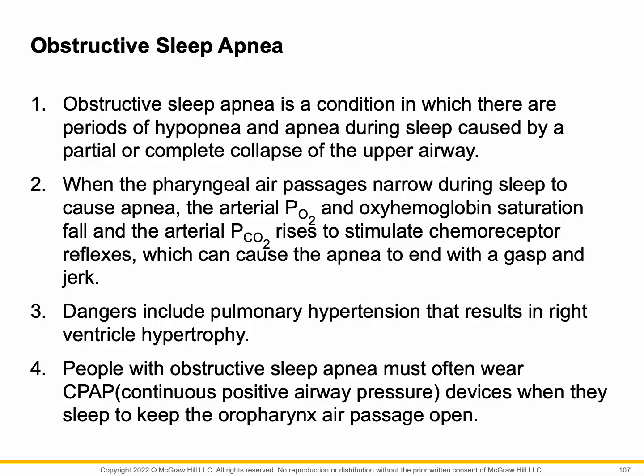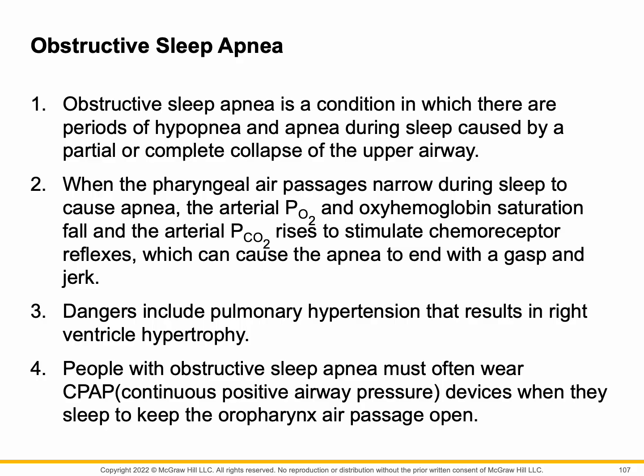When the pharyngeal air passages narrow during sleep to cause apnea, the arterial oxygen pressure and oxyhemoglobin saturation fall, and the arterial carbon dioxide pressure rises to stimulate chemoreceptor reflexes, which then can cause the apnea to end with a gasp and a jerk.